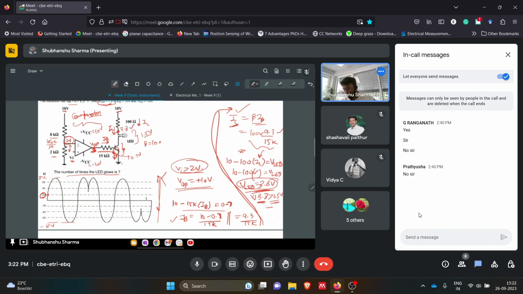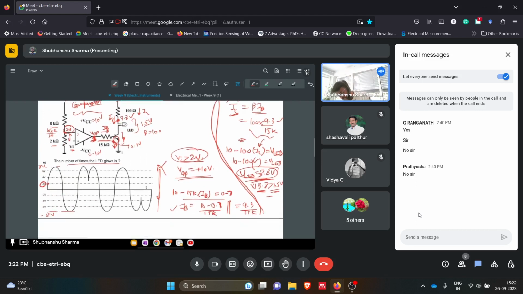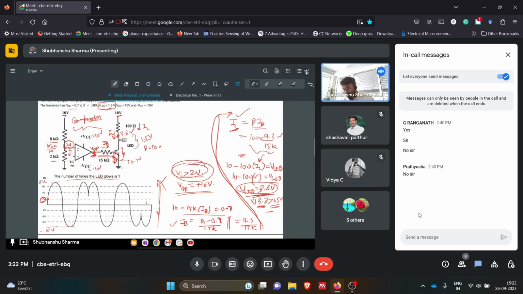Okay. So that is what happens when Vi is greater than 2 volts. Whenever Vi is greater than 2 volts, the ultimate result is that we maintain 3.8 volts across the LED, which is greater than the forward bias voltage of the LED. That means the LED will be glowing.